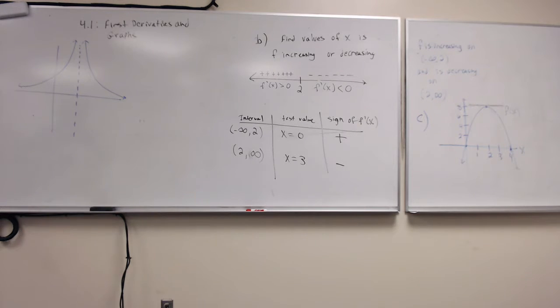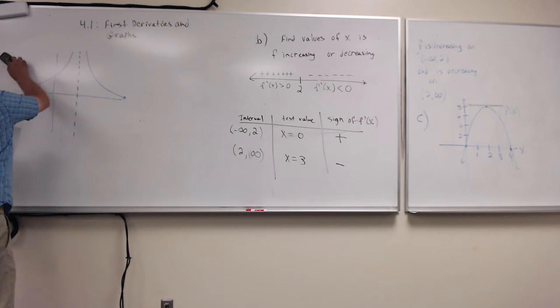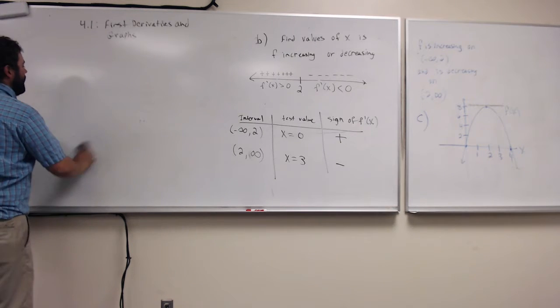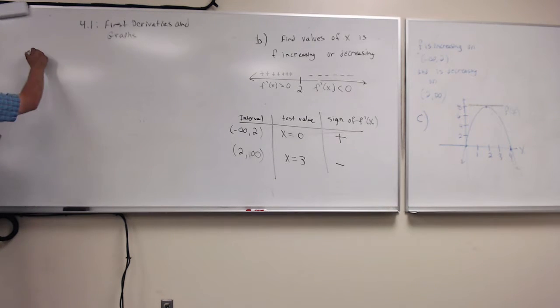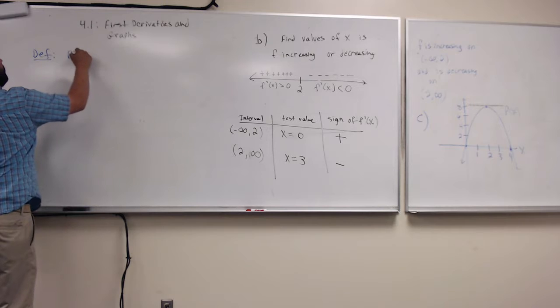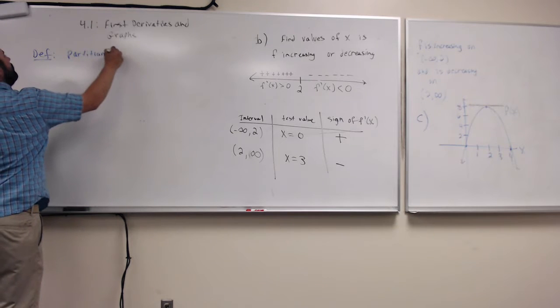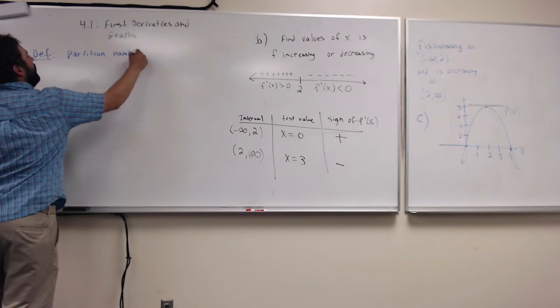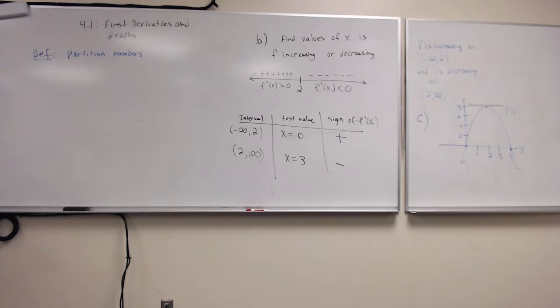Okay, so first of all, one definition. There's one that I don't have on the page, so you might want to make a note of this, and I'll have to fix this handout later. Before I talk about critical numbers, the definition at the bottom of the page, there are what are called partition numbers. I forgot to put them in because typically other textbooks don't talk about partition numbers, but I think it's a good idea.